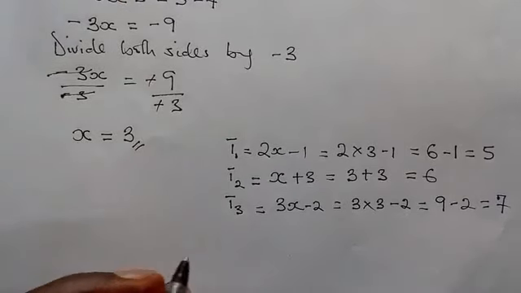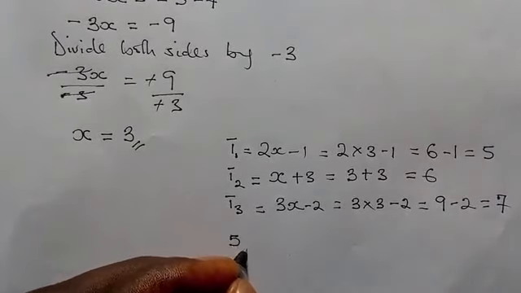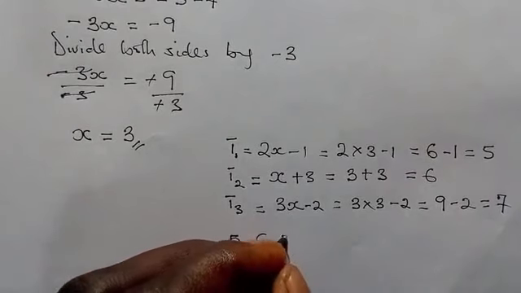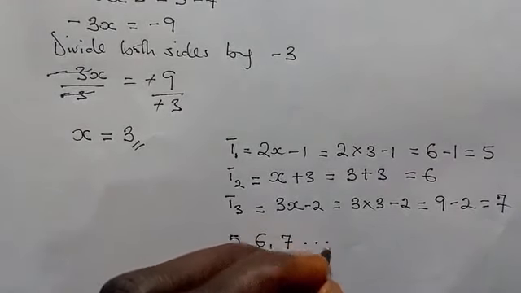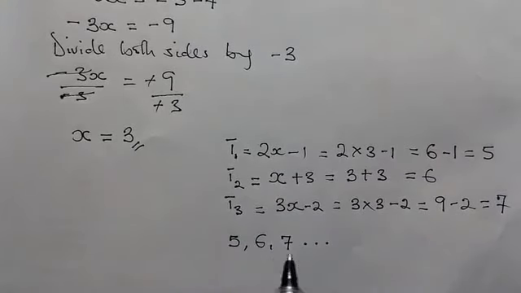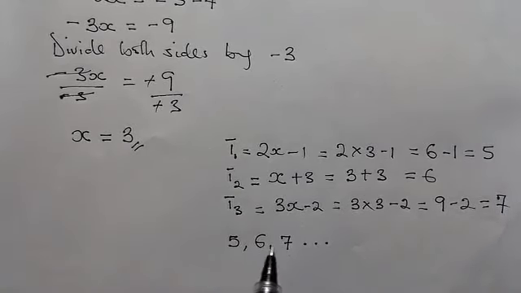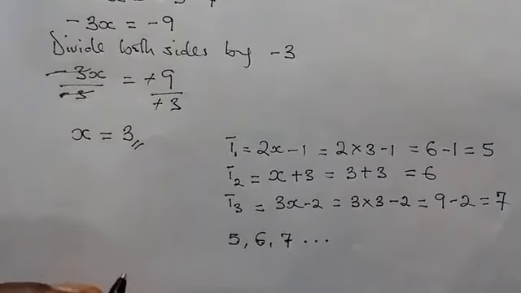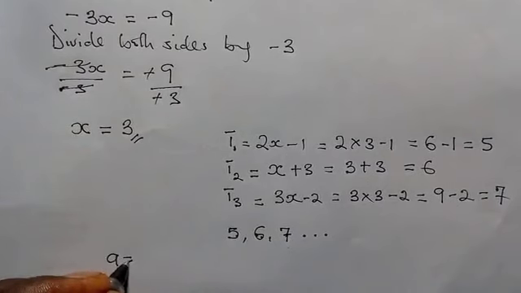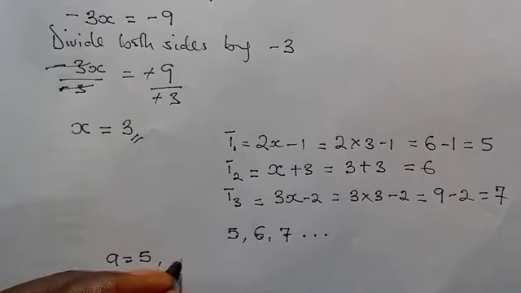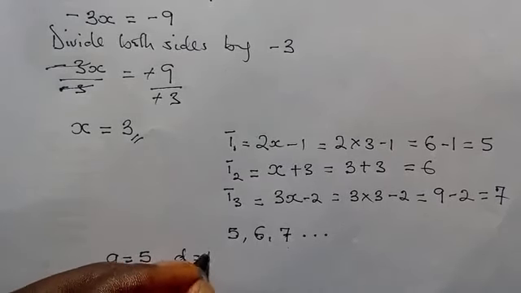It means this sequence is 5, 6, 7, and then it continues. When you look closely, the common difference here is 1. That is 6 minus 5 is 1, 7 minus 6 is 1. So our a is equal to 5, while our d is equal to 1.